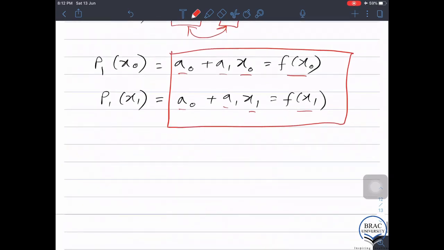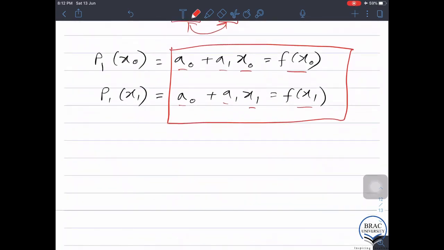Okay, how we can solve these equations, this set of equations? This is very easy. You can add them and subtract them, and you can find them out. So let's try to work that out. Let's say we want to subtract that. If we subtract these two, these two will be cancelled. Okay, and what we get is a1 times x0 minus x1, and you get f of x0 minus f of x1.